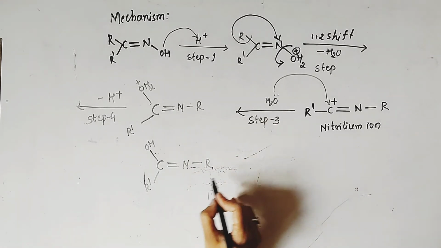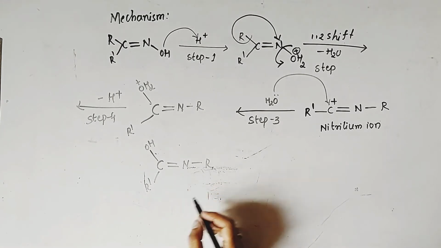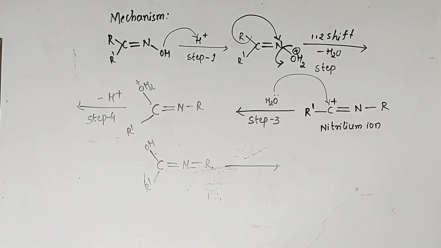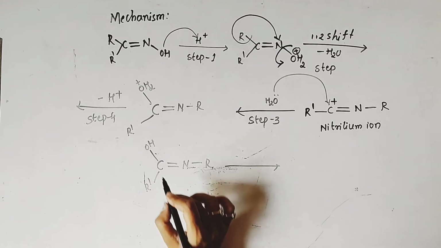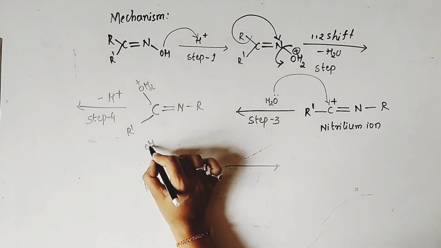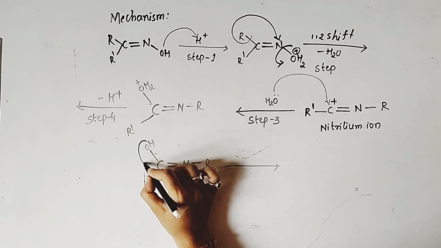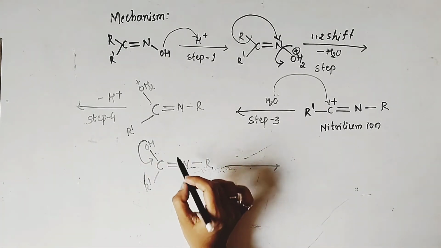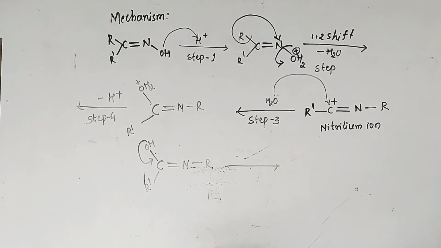So here is the intermediate compound, and now it undergoes tautomerization. During tautomerization, the hydroxyl group, that is the enol form, is converted into the keto form. So here the hydrogen will donate these electrons and be removed here, and it will be attacked by the nitrogen.